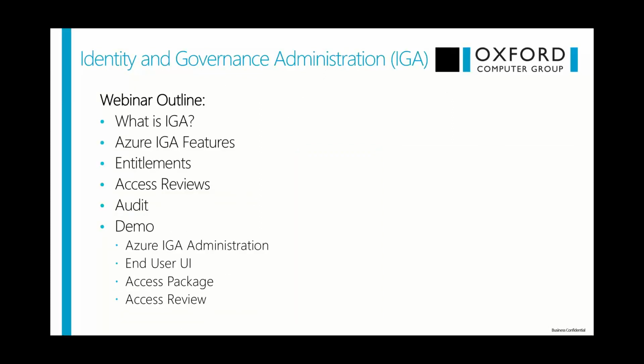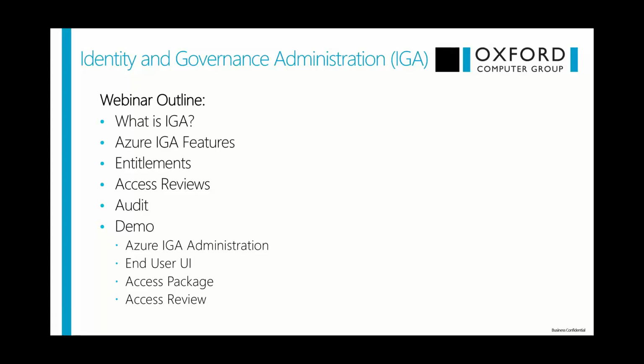I'm going to do an outline of what we're going to talk about today. If you can put questions in the control panel, I can get to those questions at the end. The outline is: what is IGA? Azure IGA features, entitlements, access reviews, audit.